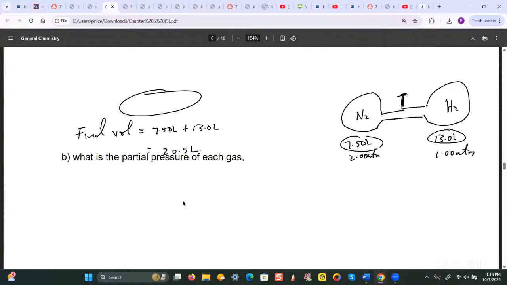So how do you think you'd solve this particular problem? Let's start off with the nitrogen. How will you find the partial pressure of nitrogen after mixing? Anybody?